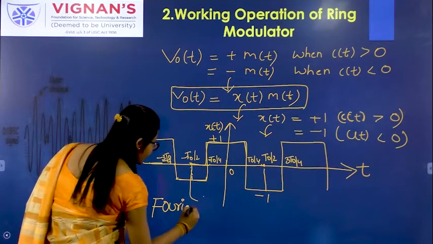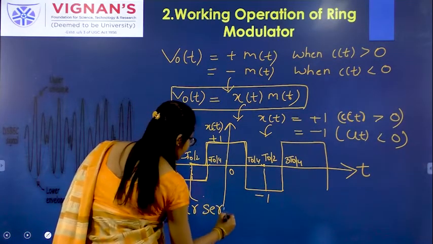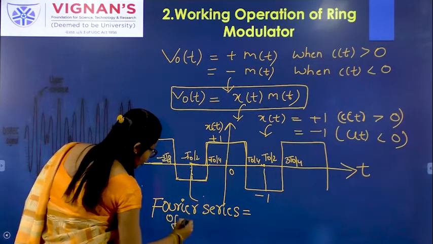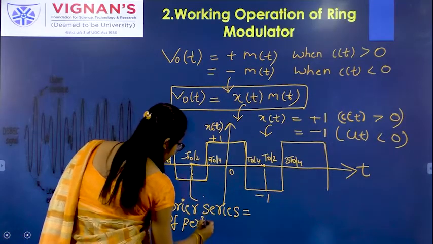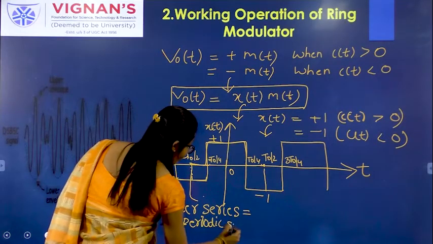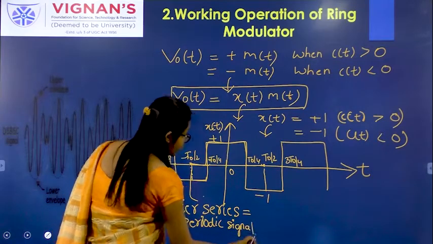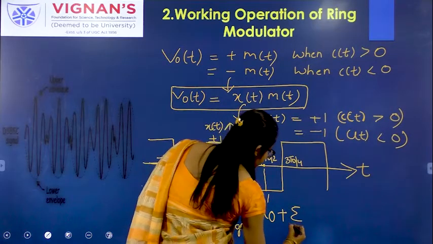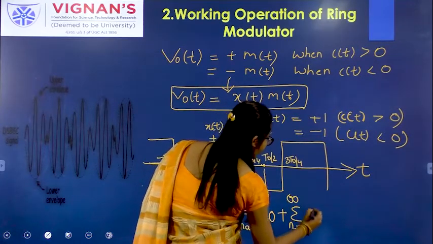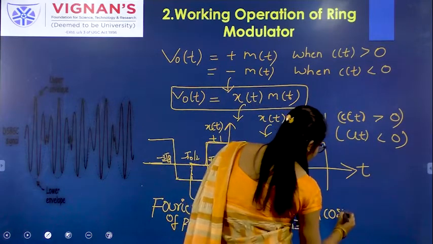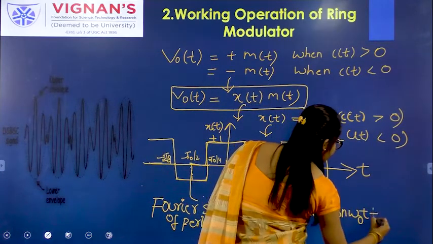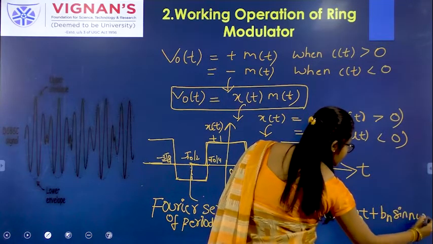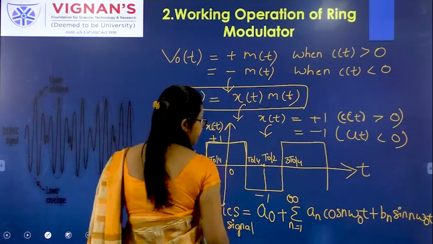I think you may have covered this in signals and systems. The Fourier series representation of a periodic signal is equal to A naught plus sigma n equal to 1 to infinity a n cos n omega naught t plus b n sin n omega naught t, right?